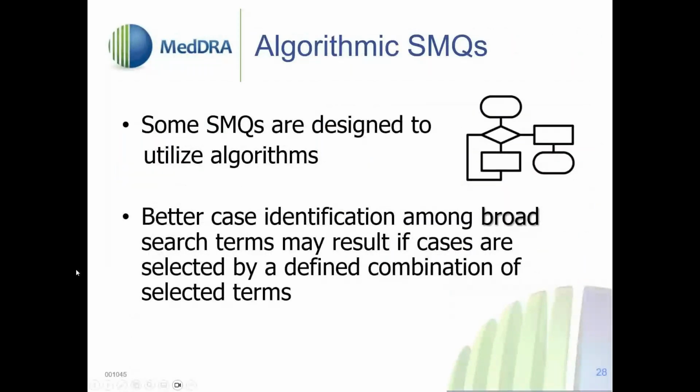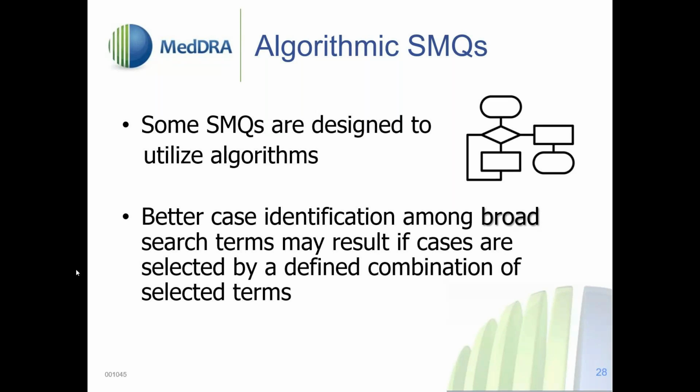Then some SMQs are designed as algorithmic SMQs. And this means usually you have a narrow search, which you would always use. But then for the broad search, it became clear that if you include all these broad search terms, you will identify so many cases, so much noise, that it is really not helpful in looking through those cases for a specific topic.